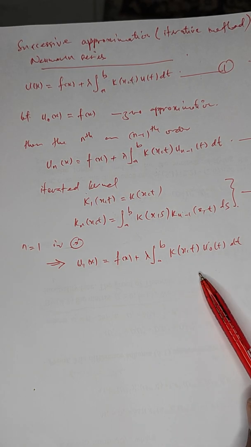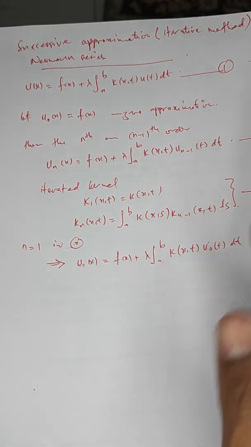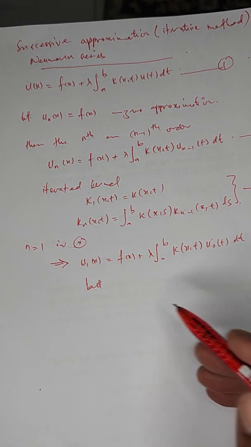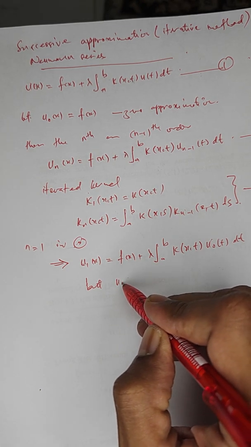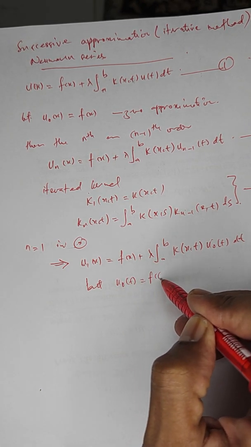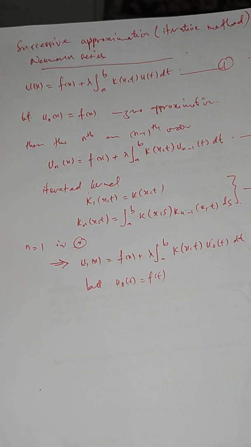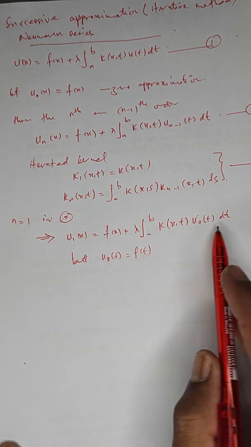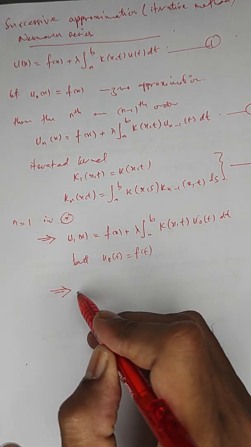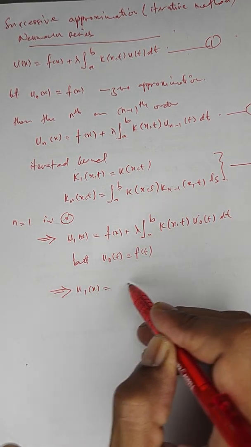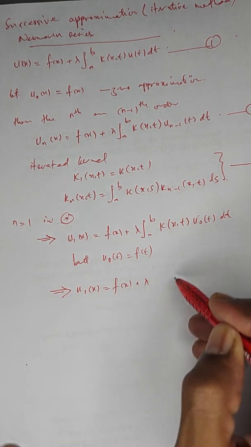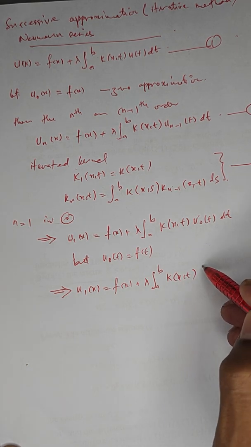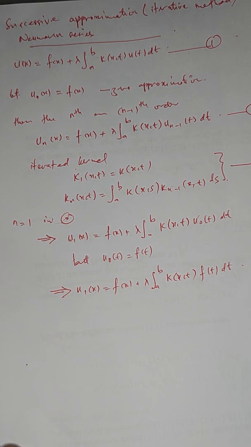But u0(t) = f(t) by our zero approximation. Substituting, we have u1(x) = f(x) + lambda integral from a to b of K(x,t) f(t) dt.